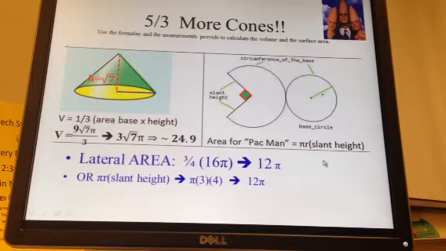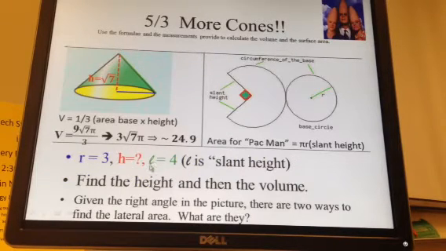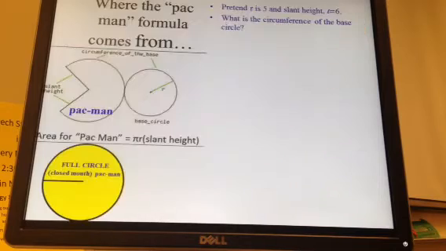Either way, what I get is 12 pi. 3/4 of 16 pi is 12 pi. Pi times r times slant height is also 12 pi. And just as a reminder, usually they use a cursive L to represent slant height. It's just a common way that it's often presented in a lot of textbooks.